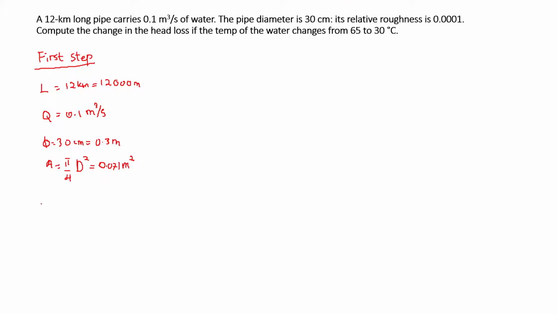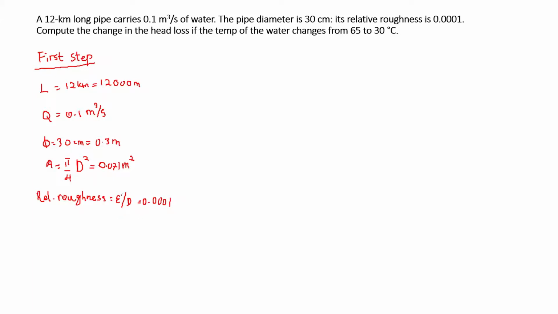So the relative roughness is the value that you are going to use in the Moody diagram. Roughness, or you can also call it epsilon over D. So this is 0.0001.